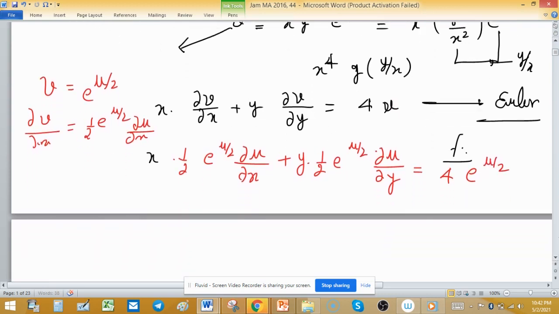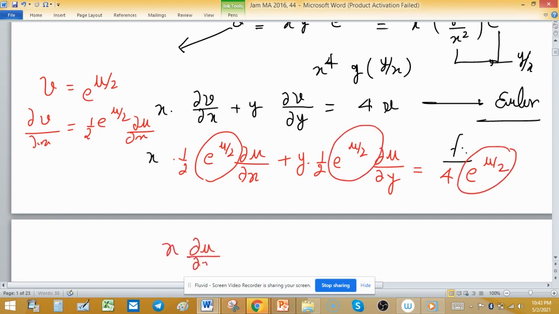Now we have this equation in terms of function u and its partial derivatives. So e raised to the power u by 2 is in this term also, and in this one too, so we can divide throughout. So x times partial derivative of u with respect to x, plus y times partial derivative of u with respect to y, is equal to 4, and 1 upon 2 we take common, so this is 2, so we got 8.